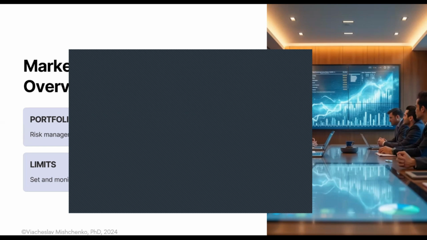The case highlights a significant failure in separating risk-taking functions from risk management and control functions, which allowed Kerviel to take unauthorized positions far exceeding his limits. Actually, we have only one right answer. So the separation of duties was the primary cause of the failure.